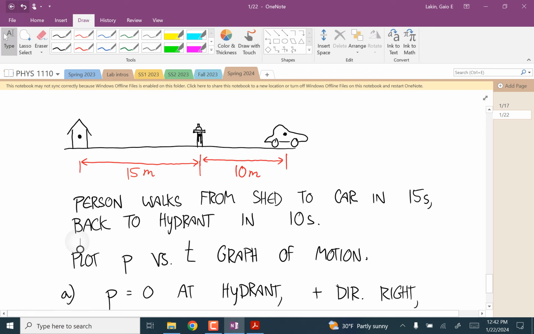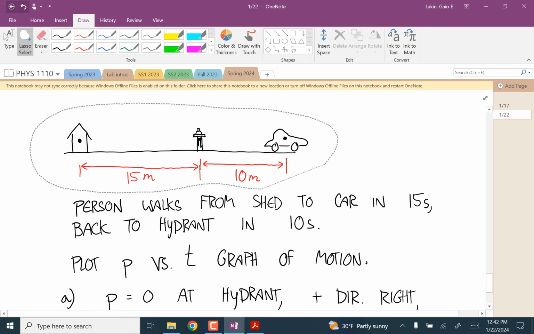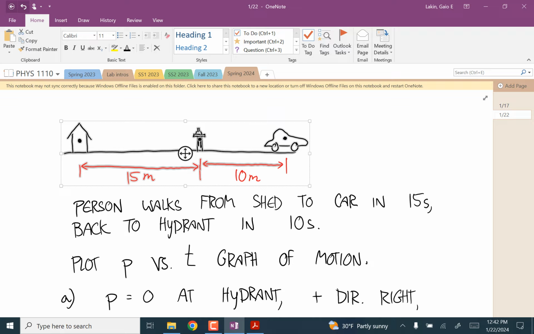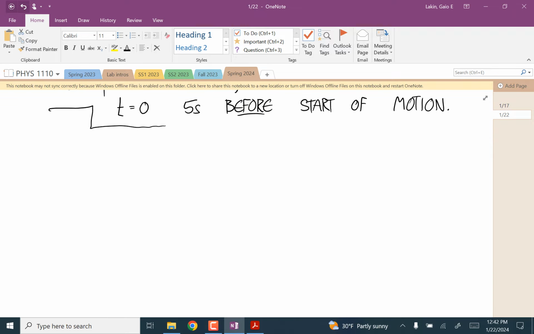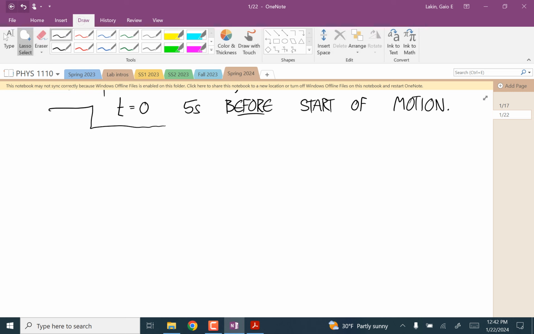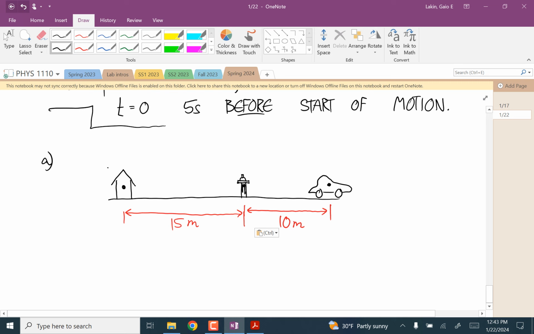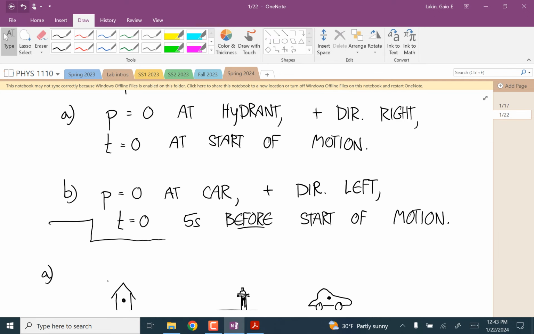Okay, so this is the motion. And for part A, I'm going to look at these things and label them on this figure.